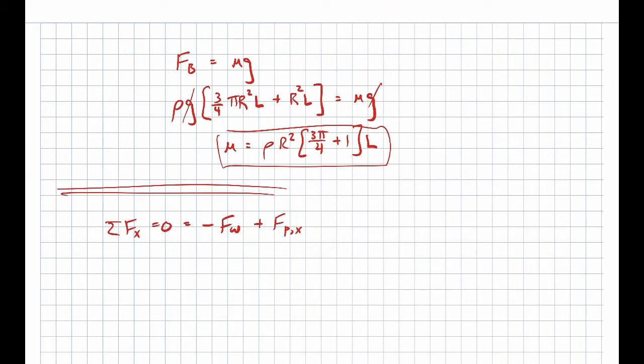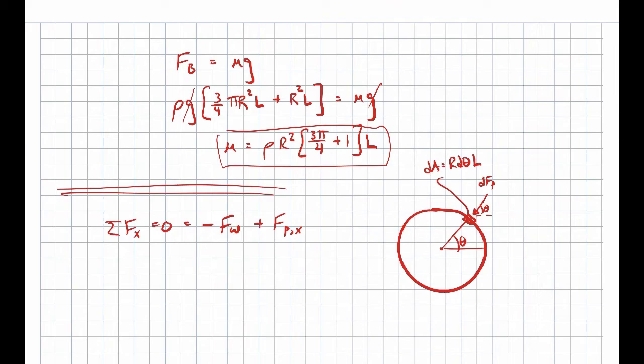Now, to find the pressure force in the x direction, let me redraw the picture of that log. Remember that we said our little area is right here. Here's a little bit of pressure force. That angle is theta. The area of that was r d theta times L, the distance in and out of the page.